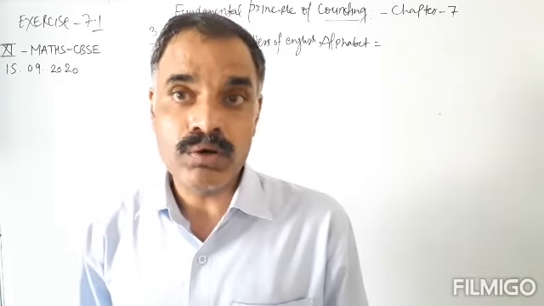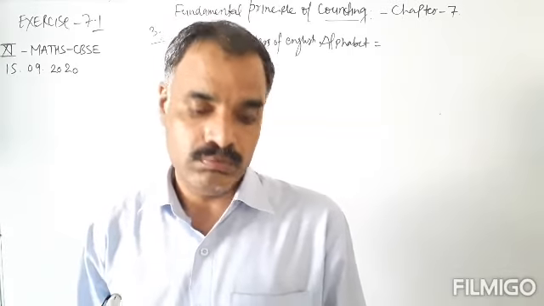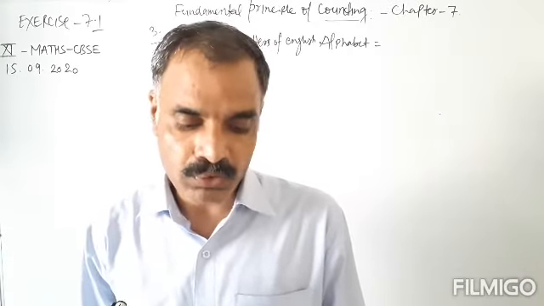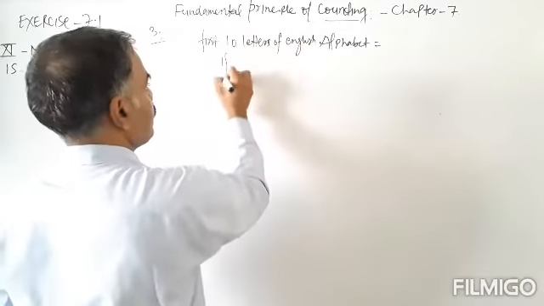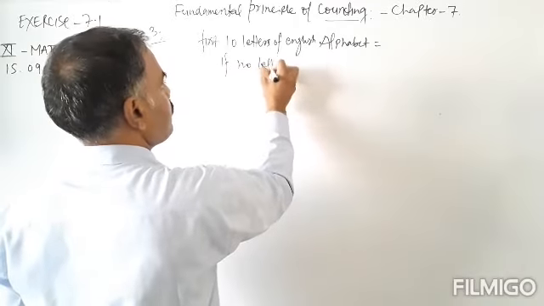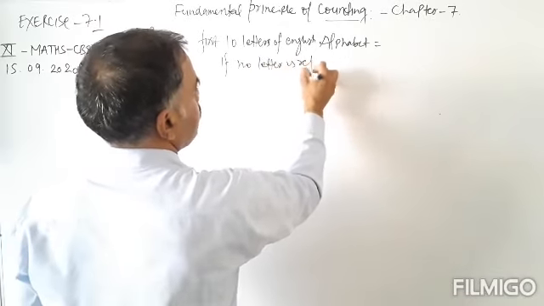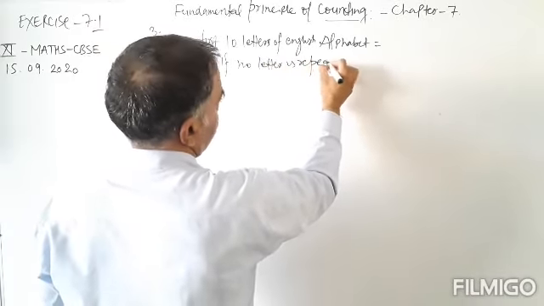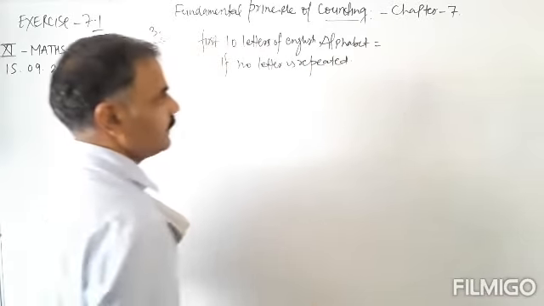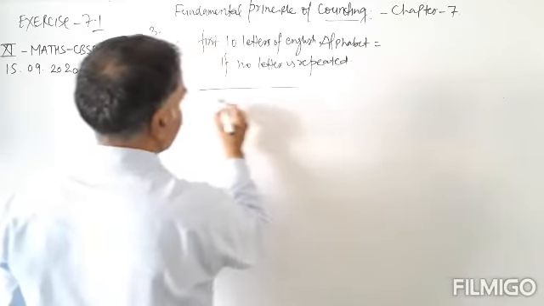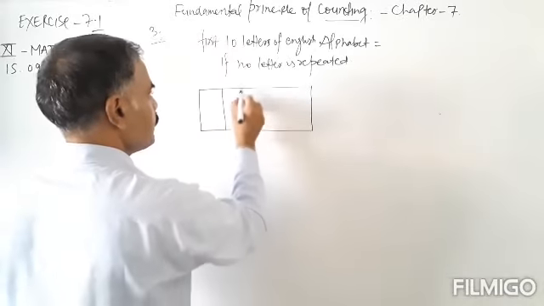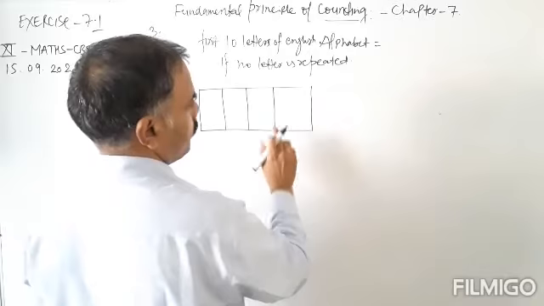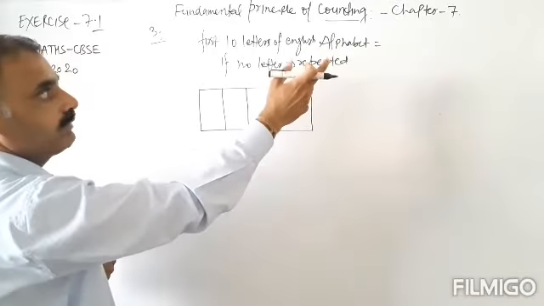So how many 4-letter codes can be formed? We have to form a 4-letter code using these, and the condition is also there: if no letter is repeated, means repetition is not allowed. So a 4-letter code, places 1, 2, 3 and 4, using 10 alphabets.